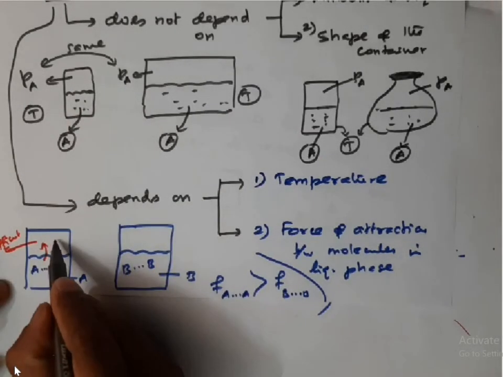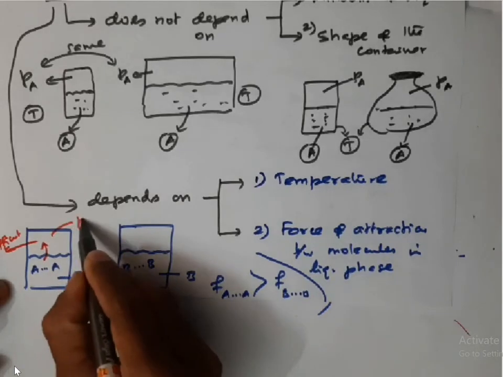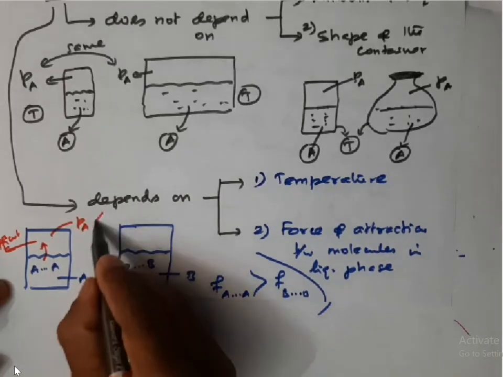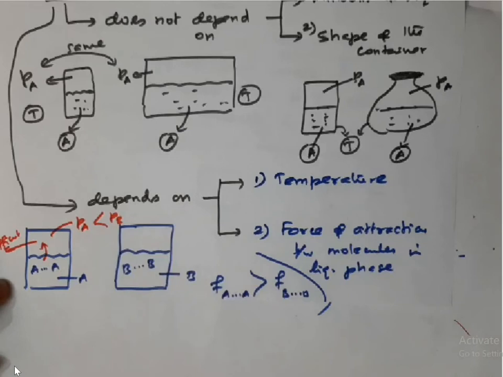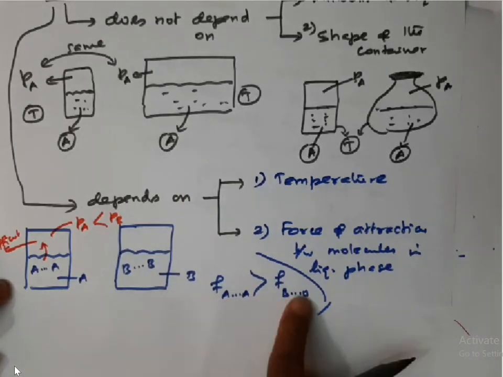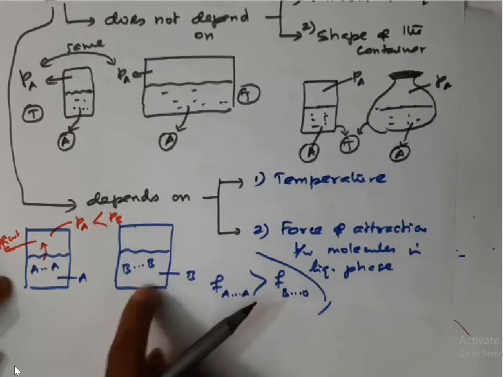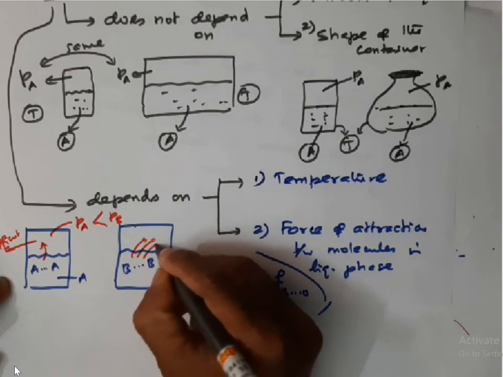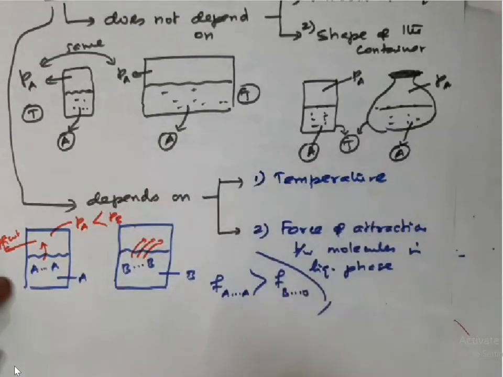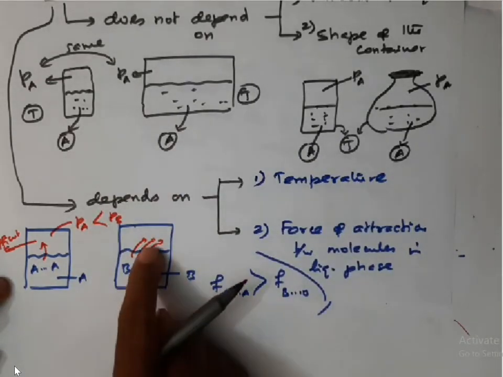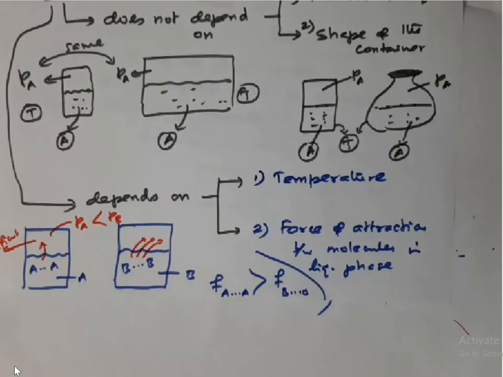So the vapor pressure of A is less compared to the vapor pressure of B, because in B the force of attraction is weak. Therefore more molecules of B will go to the vapor phase, and the vapor pressure of B will be more.